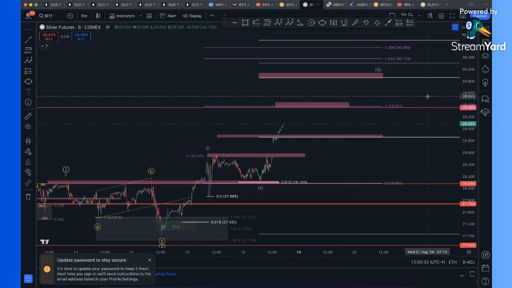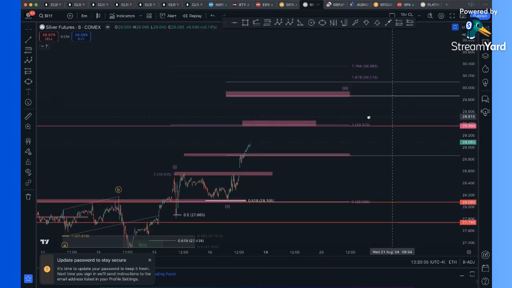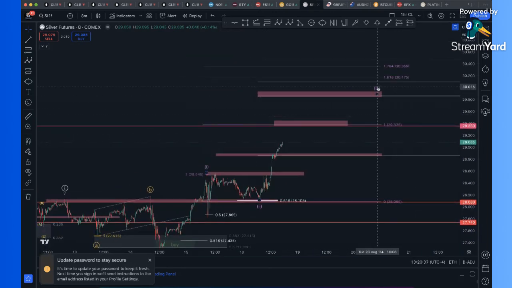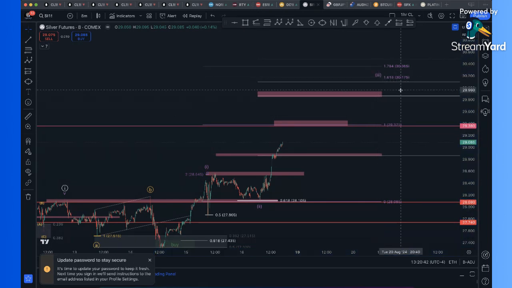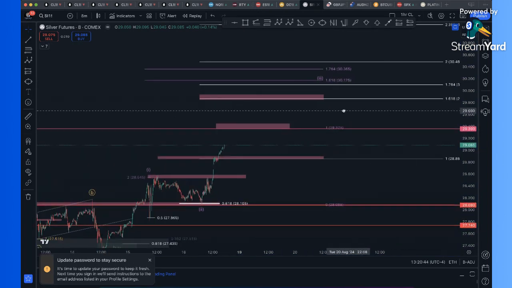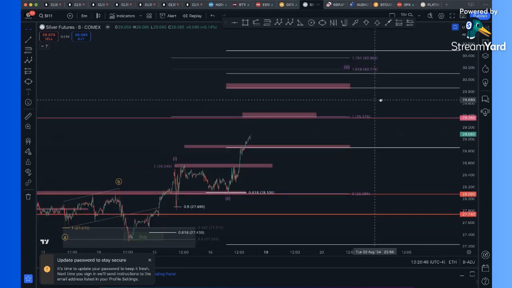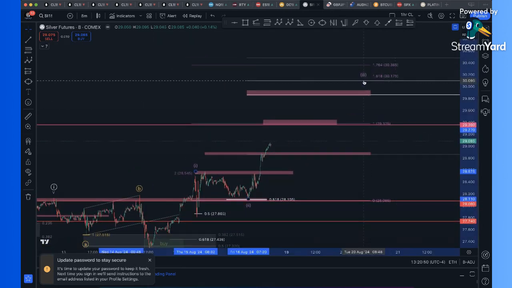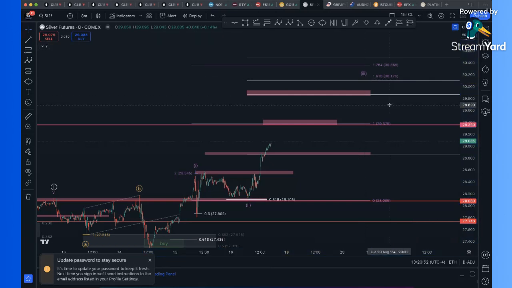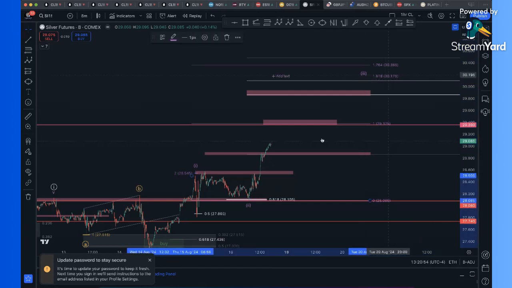With those measurements, that allows for this wave 3 to come up a bit higher. So if silver really means business, meaning the bulls are really driving the boat, I will not be surprised at all to see this week get above 29.37. Remember, I was just talking about 29.30 to 29.45.